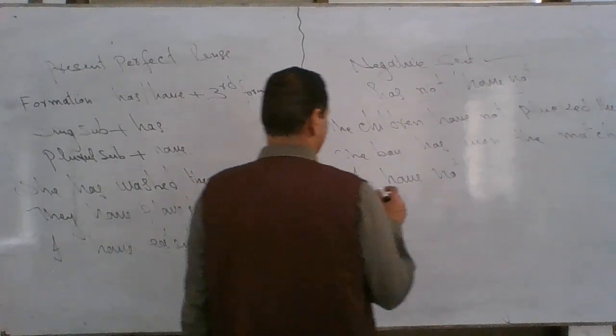I is plural. Clear? I is plural in these two tenses: simple present and present perfect tense.